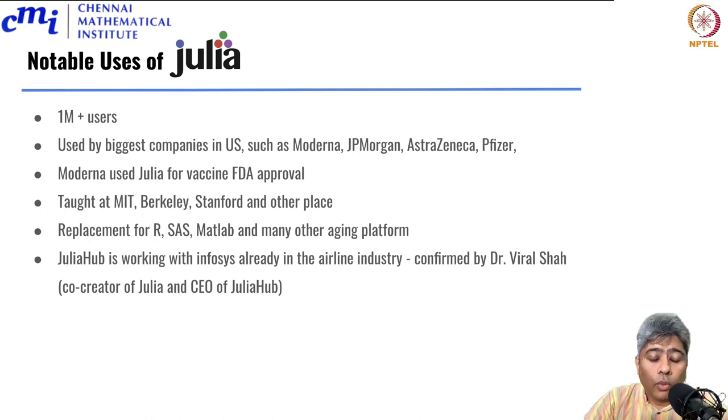So far, worldwide 1 million plus users, used by biggest companies in US such as Moderna, JP Morgan, AstraZeneca, Pfizer. Moderna used Julia for vaccine FDA approval and it is being taught at MIT. So many companies are trying to replace R, SAS, Matlab, many other aging platforms.